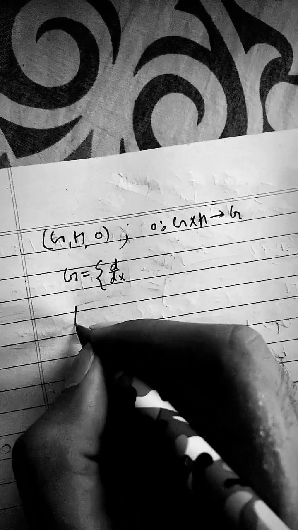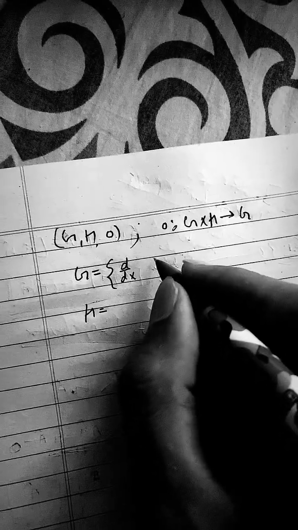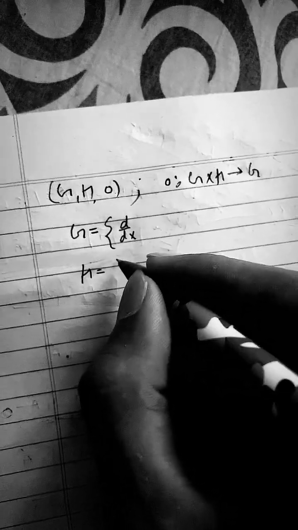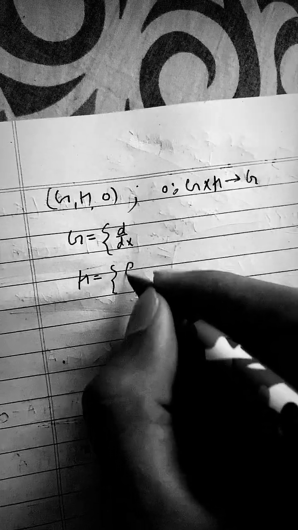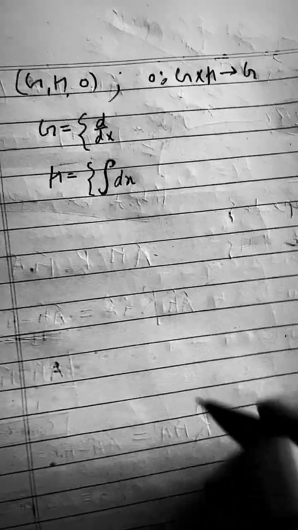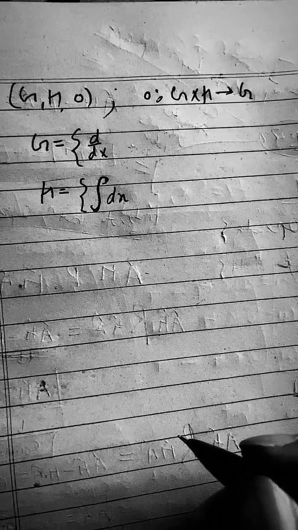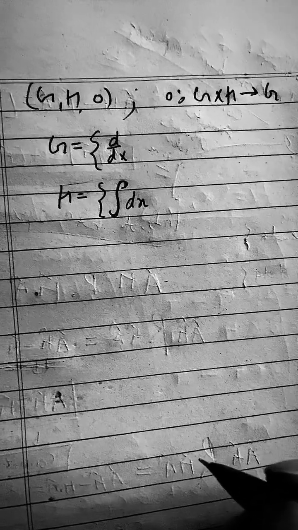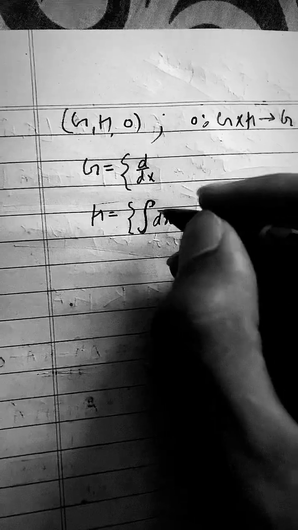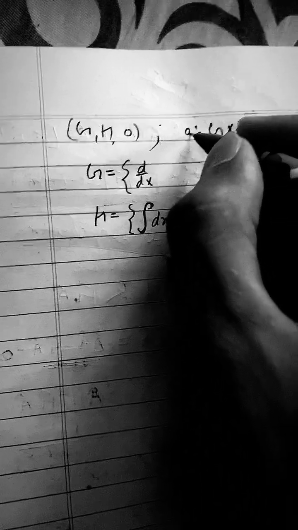And let's say we have a set, I don't want to close this right now. We will see why. Let's say H is some operator, integration, this operator, right? Now we have two different kinds of operators, sets of operators.